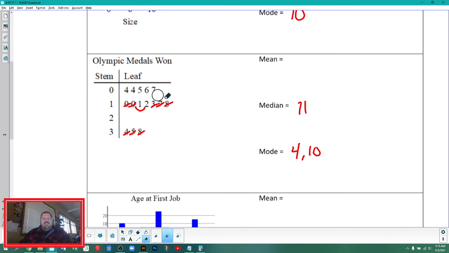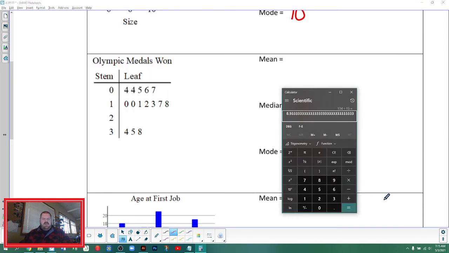And then again for the mean, no good way other than grab a calculator and start working your way through it. 4 plus 4 plus 5 plus 6 plus 7 plus 10 plus 10 plus 11, 12, 13, 17, 18, 34, 35, and 38.